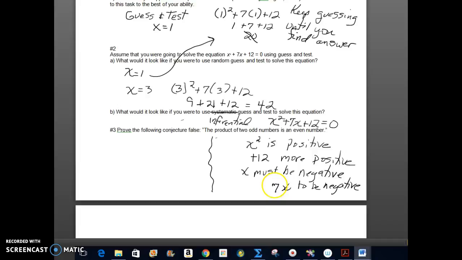So that is an inference I can make here. And that inference is, hey, x has to be negative, okay? So that is inferential guess and check. It means I am using some mathematical knowledge to make my guessing better than just random.